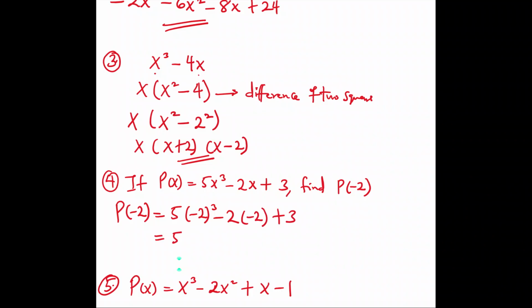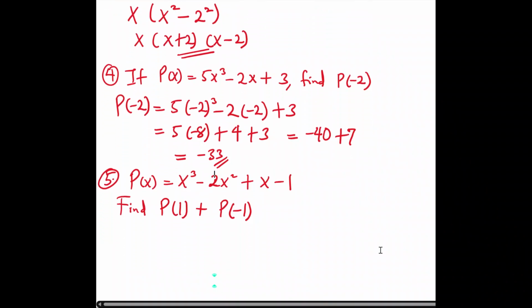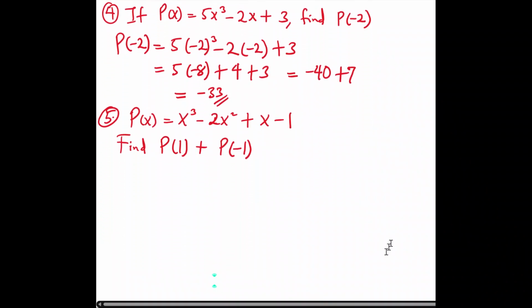So minus 2 cubed will give us minus 8. Okay, and then minus 2 times minus 2 will give us plus 4, and then we have plus 3. So we can do 5 times minus 8, which will give us minus 40, plus 4 plus 3 will give us plus 7. Okay, so we have minus 40 plus 7, which will give us minus 33. So that's it for number 4.